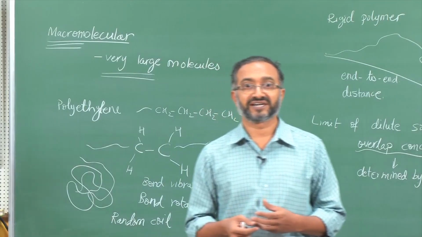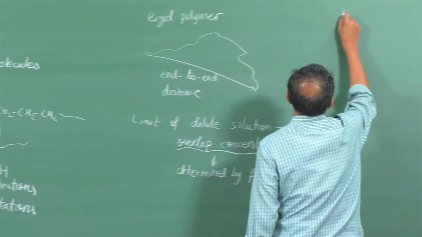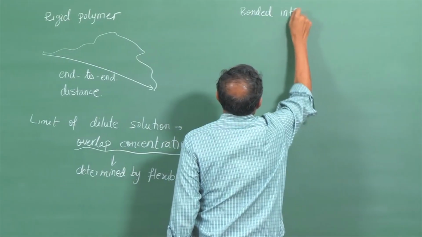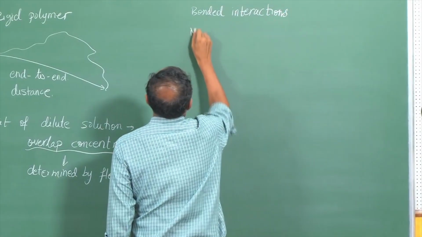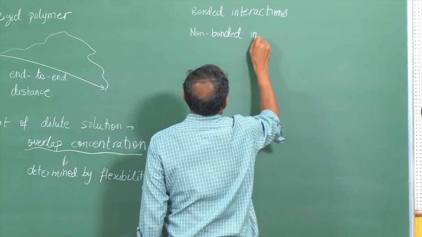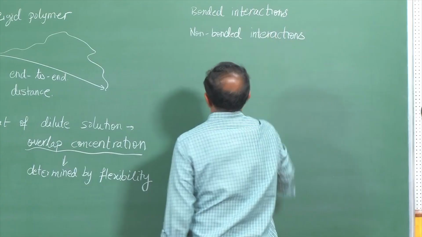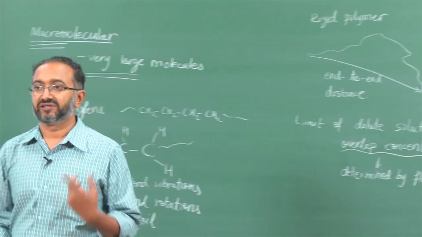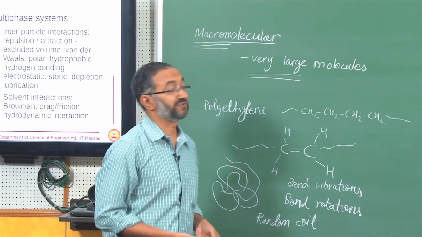So, non-bonded interactions. Generally, what we have talked about are all examples of bonded interactions. And now we will talk in terms of non-bonded interactions. And here basically the solvent and the macromolecule as well as different parts of macromolecule will interact with each other.